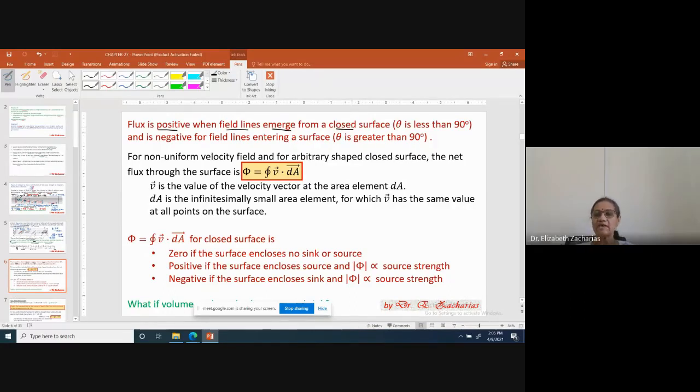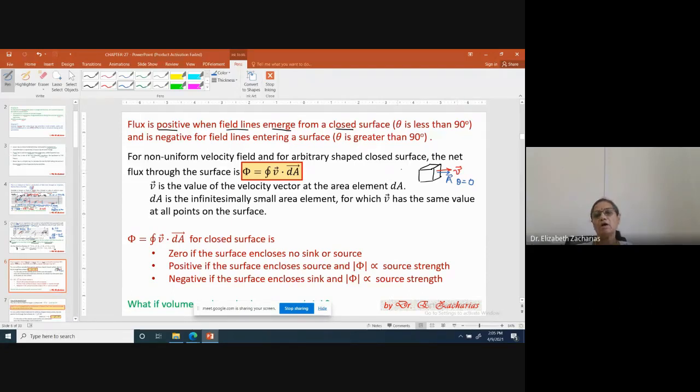If field lines are coming out like this, now you're finding that the area vector is also an outward normal. You're finding that theta equals 0 in this case. Therefore, flux has to be positive.